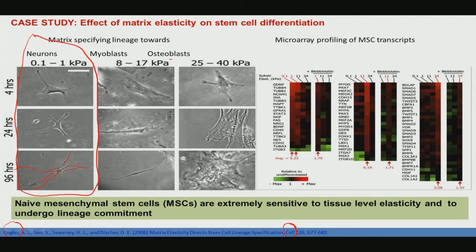When they grew the same MSCs on 8 to 17 kilopascal, they show a more spindle-like shape, more like muscle cells such as myoblasts. At 25 to 40 kilopascal elastic stiffness, they show a more flattened cell type, which also shows some extracellular matrix synthesis, a classical case for osteocytes or mature osteoblasts.